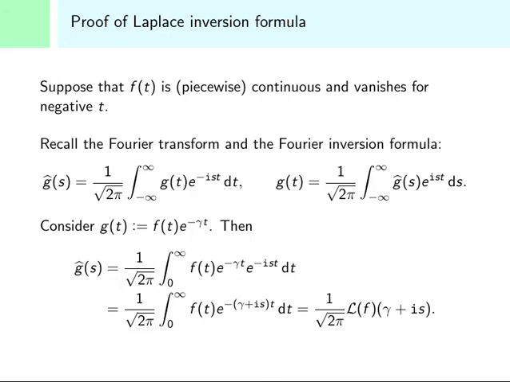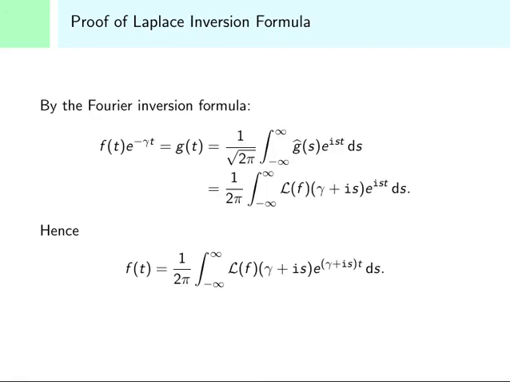The integrand can be simplified. We integrate f of t times the exponential of negative gamma plus is times t. Taking a sharp look, that entire expression equals 1 over square root 2 pi times the Laplace transform of f at gamma plus is.